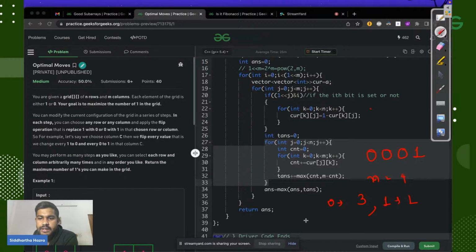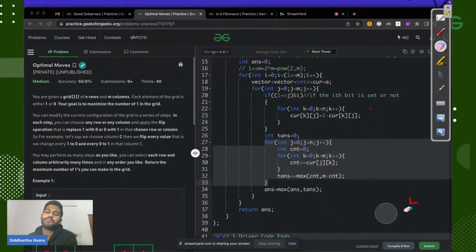Then I can say that either I would use these zeros, or either use just the one that is already there. Either use the number of zeros or use the number of ones.